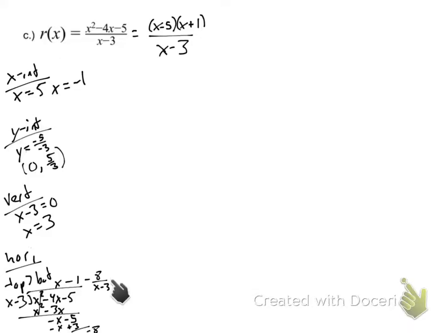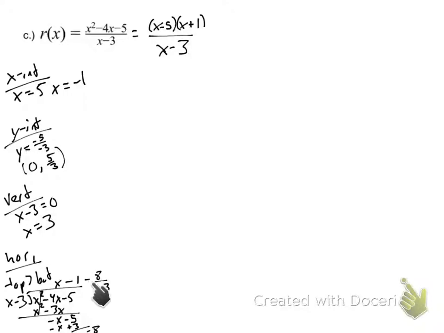Guys, if I let x get very large, what's going to happen with the 8 over x minus 3? It's going to get smaller and smaller and smaller. Eventually, it becomes kind of like 0. It doesn't actually get to 0. But, saying that, this part does not do anything.